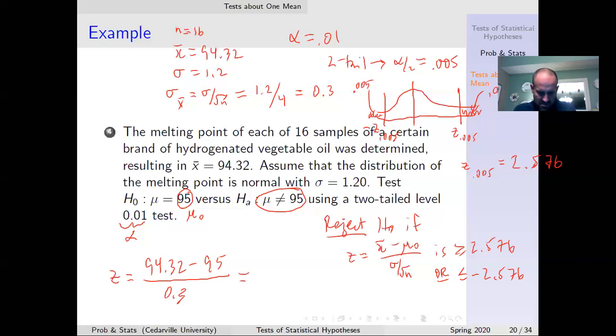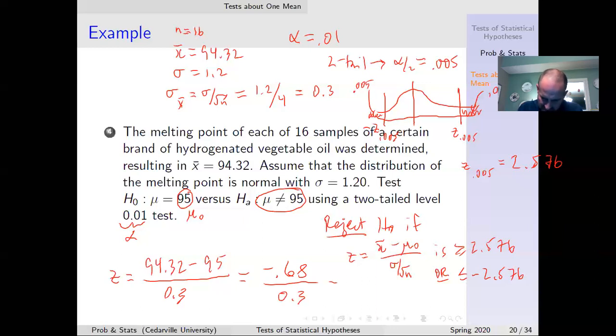So what do we get here? 94.32 minus 95, I think that's about negative 0.68, over 0.3.